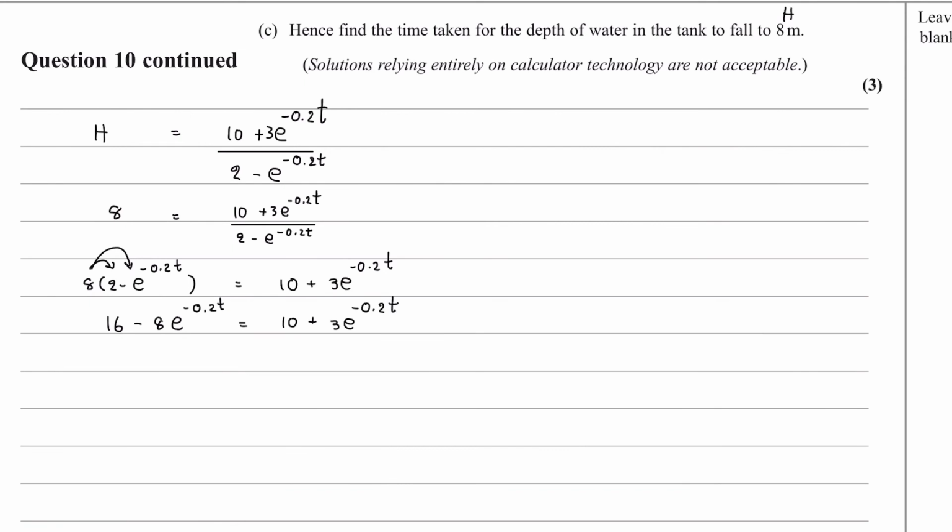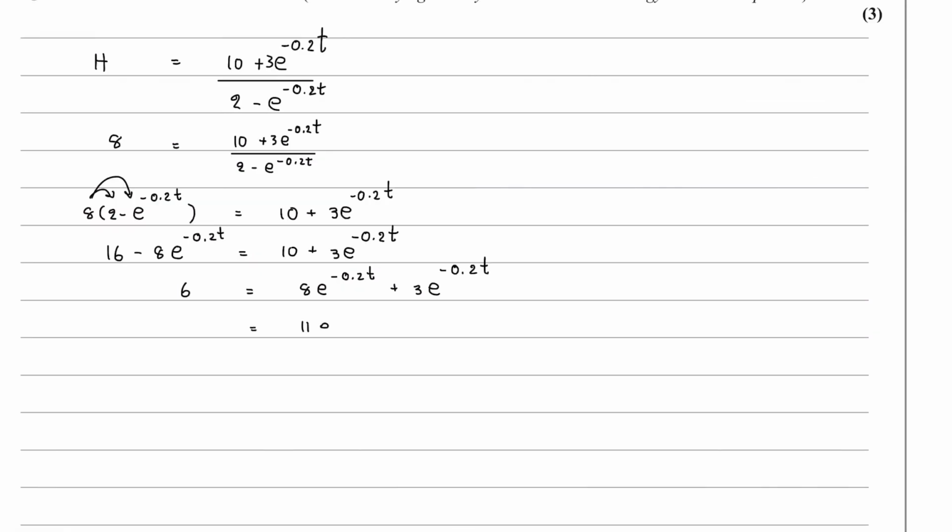So we rearrange it. This one will be 6 equals 8e to the power of negative 0.2t plus 3e to the power of negative 0.2t. This one will be 11e to the power of negative 0.2t equals 6. So we can rewrite the left hand side as 11 over e to the power of 0.2t, equals 6.